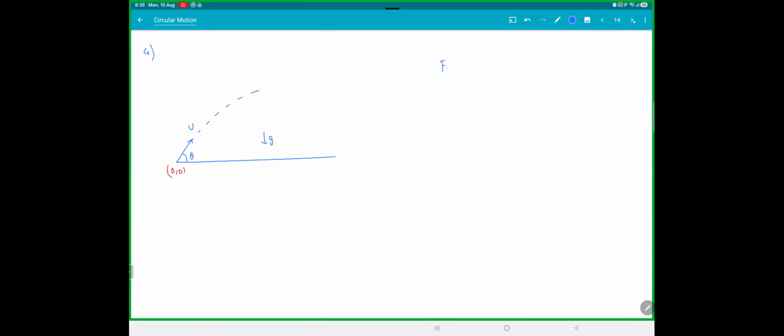Find the angular velocity of the particle as seen by the origin when it is at h max.